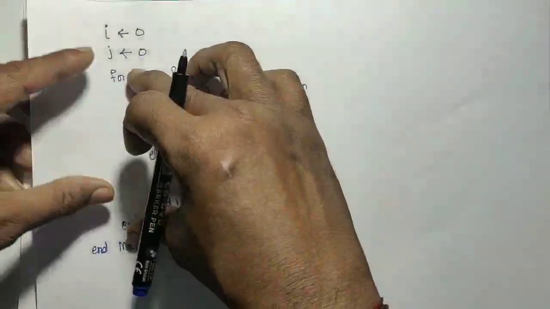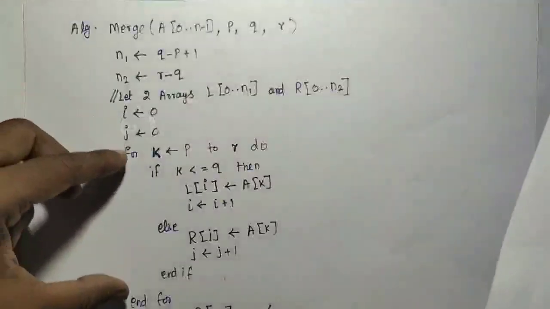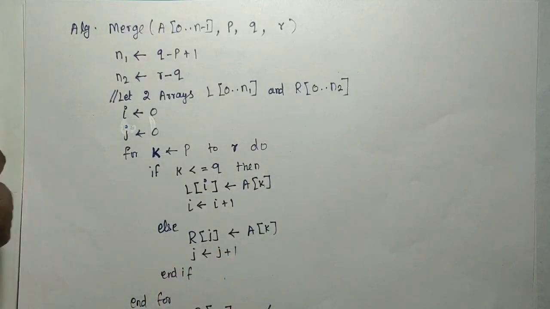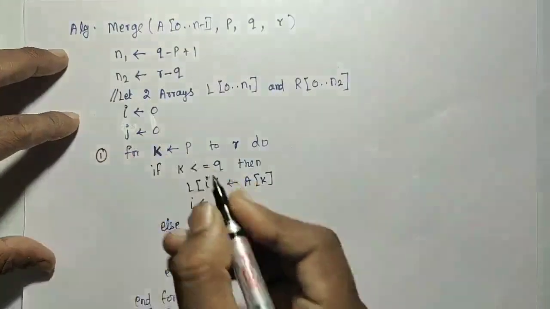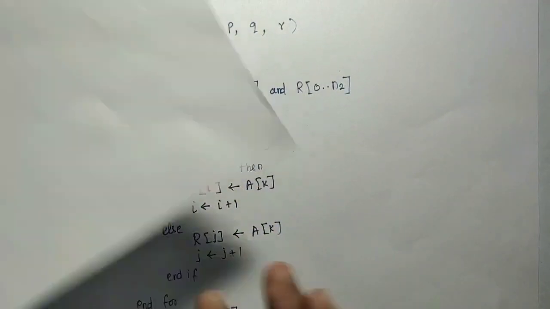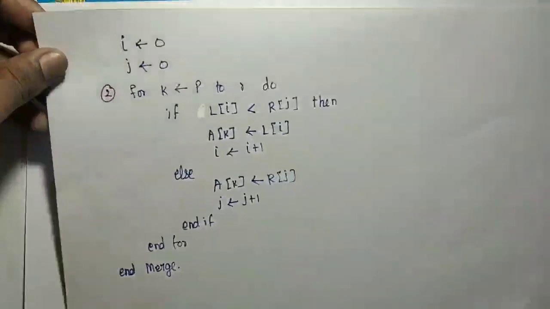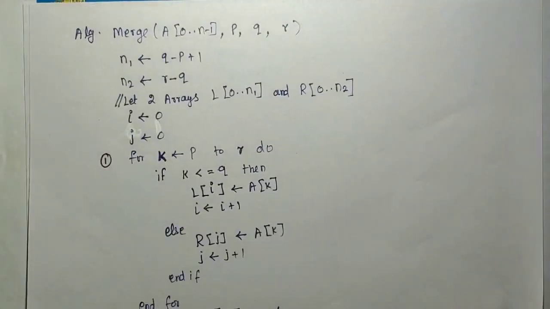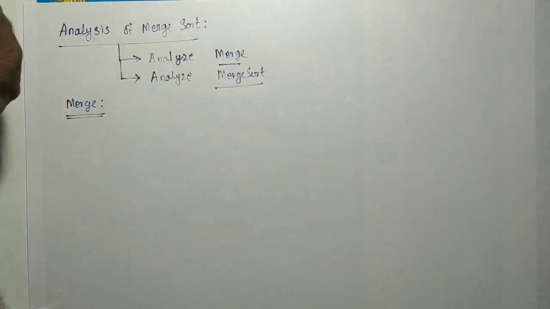So the main statements in the merge algorithm are these two for loops. Let us consider this as for loop 1, this is the active operation 1, and the second for loop is the active operation 2. Loop 1 and then loop 2. So when you find the complexity of this algorithm, I need to consider these two for loops.